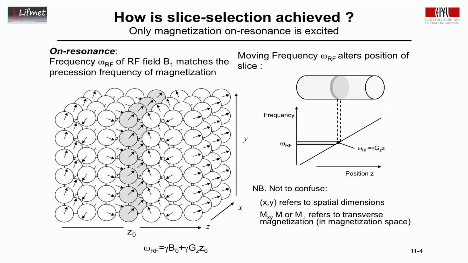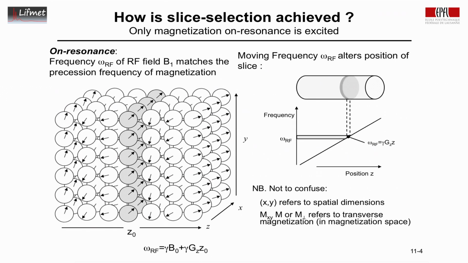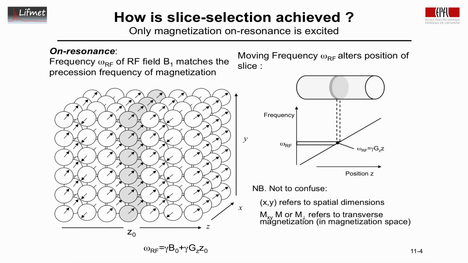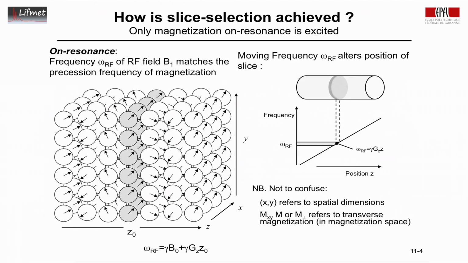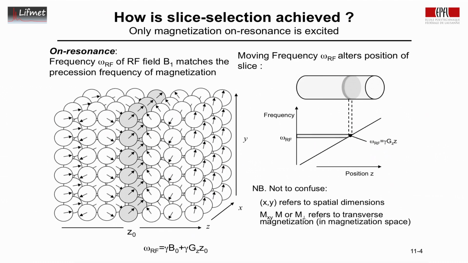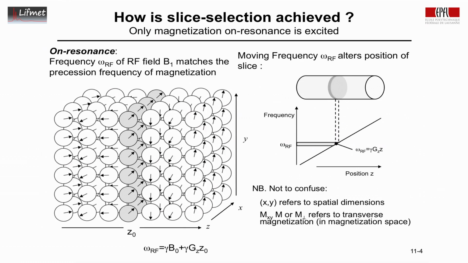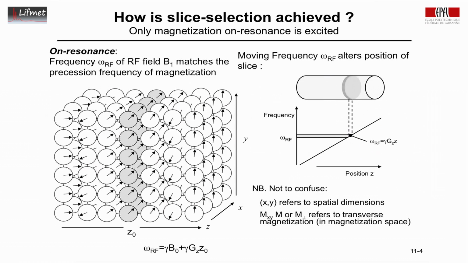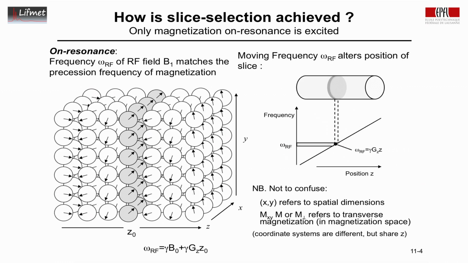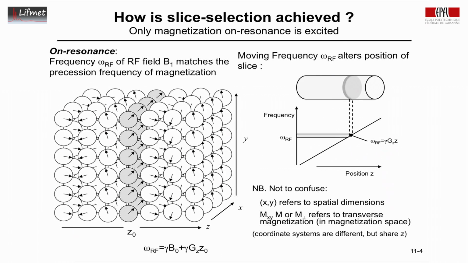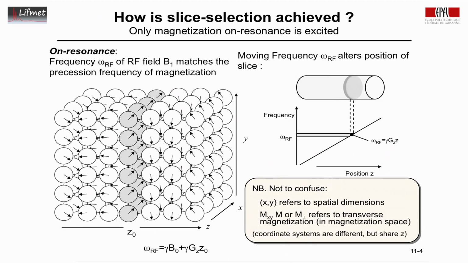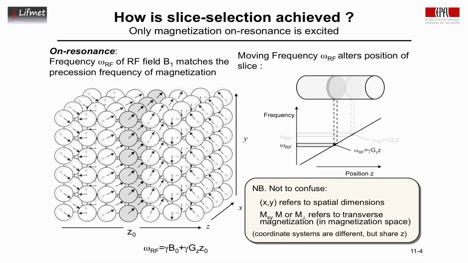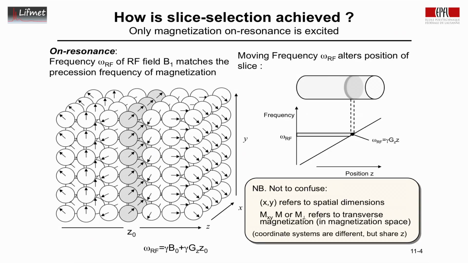Here x and y denote the transverse components in magnetization space. So this is different from real space. If we put ourselves into a rotating reference frame, we do that in magnetization space and not in real space, and we're dealing here with two different coordinate systems. However, they do share the z component. So it is important that we keep that in mind for the rest of this course.